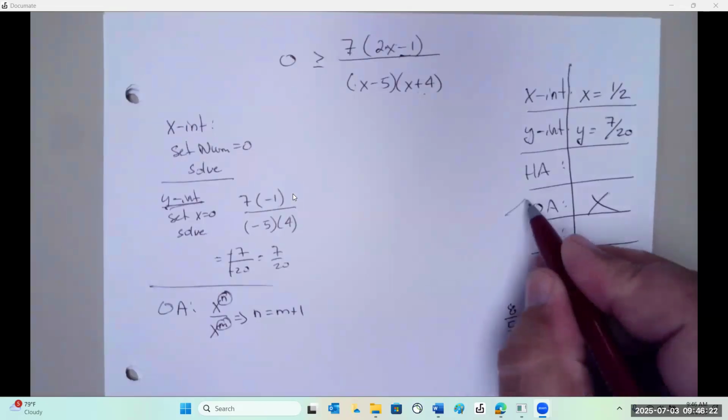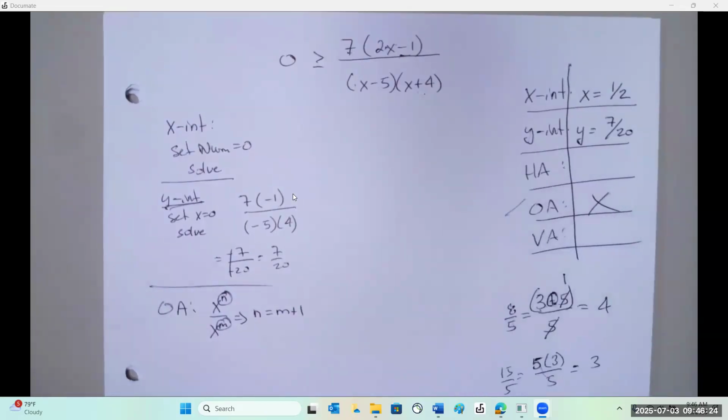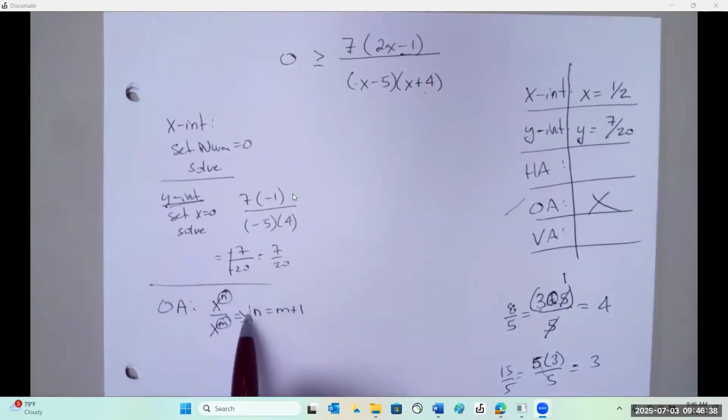Oblique is a slant. It's a linear equation. You have to use long division. Yes, but you can't just go ahead and take a long division. You have to know when. You only take long division if the n on the top is bigger than the bottom by 1. That's the only time.